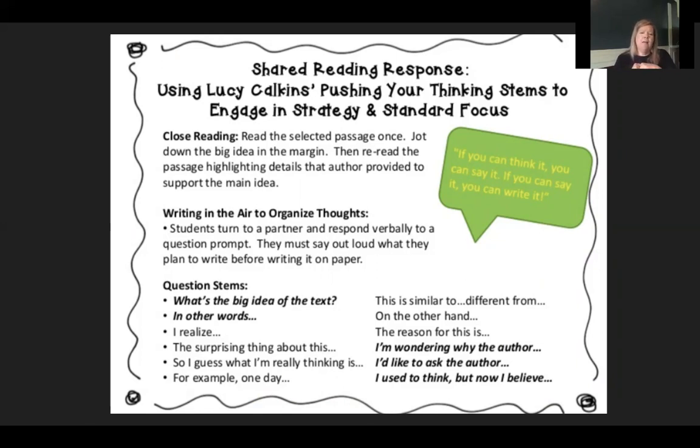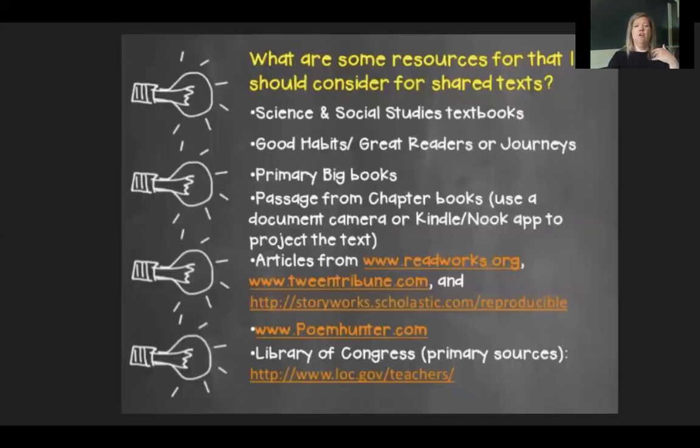Or I could say, when I was trying to figure out what the author's purpose was, I thought that she was telling it to me to encourage me that you could overcome your obstacles in life. And I'm thinking that because on page 3 it said this, or I'm wondering why the author chose to make the colors dark on this page. So in my conversations with students, as we're sharing a text together, we're communicating back and forth, and they're seeing me model, but then immediately having to apply that in their own thinking.